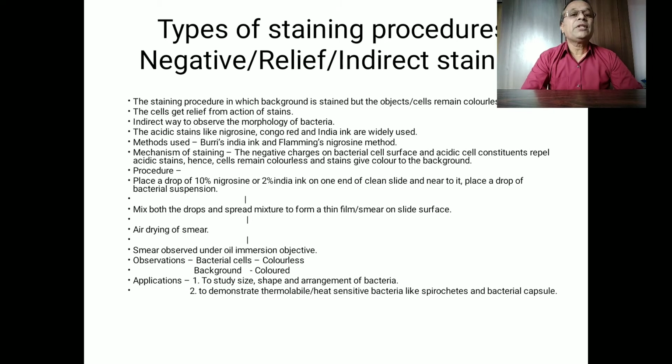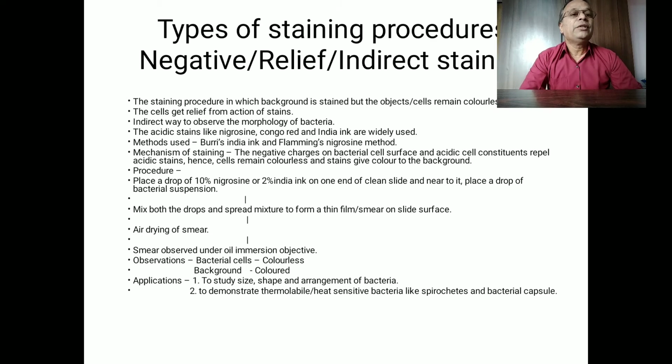Now we will see what the mechanism of this staining is. Bacterial cells under normal conditions possess a negative electrical charge, and the cell cytoplasm, cell wall and other structural components have certain acidic constituents. So when we apply acidic stains, the cells do not accept the color, mainly because the charge on the bacterial cell surface is negative and the charge on the chromophore group of acidic stains is also negative.